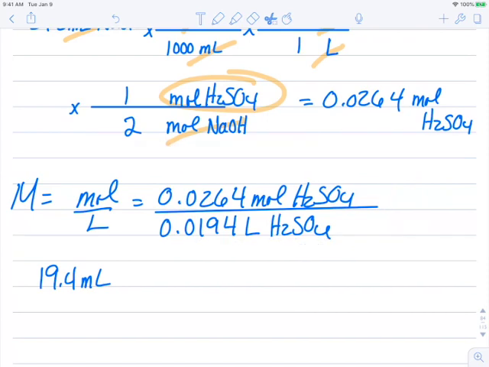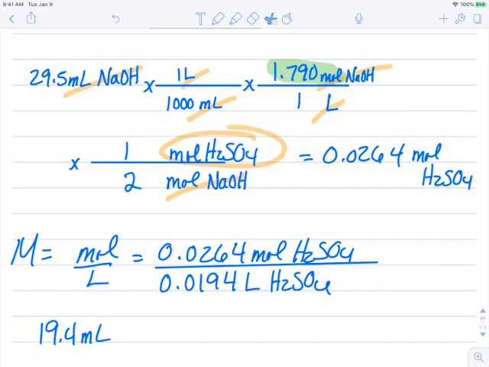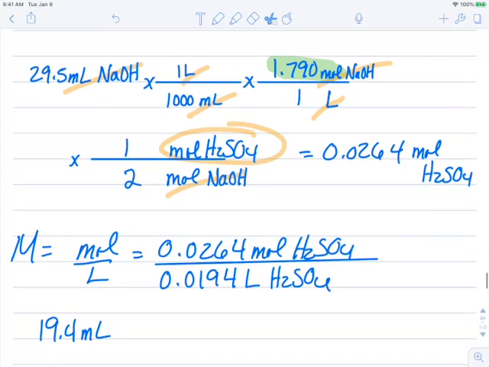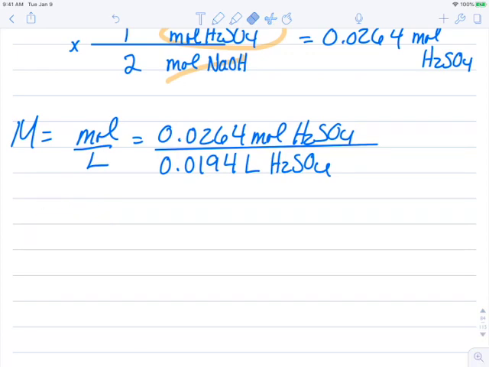All right, any questions on what we've done so far here? Okay, go ahead and take a moment and calculate out that molarity for H2SO4. Once you get your molarity, go ahead and type it into our group chat.